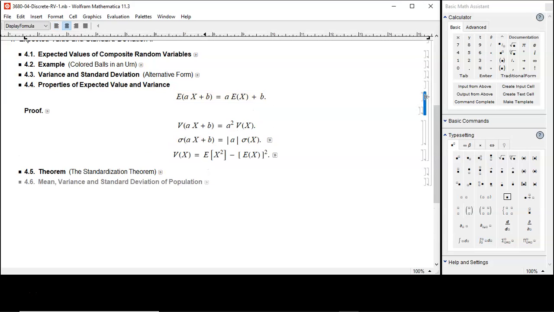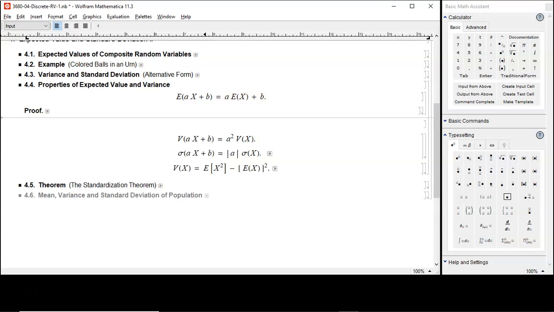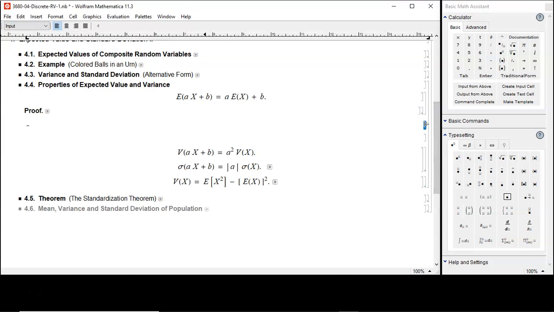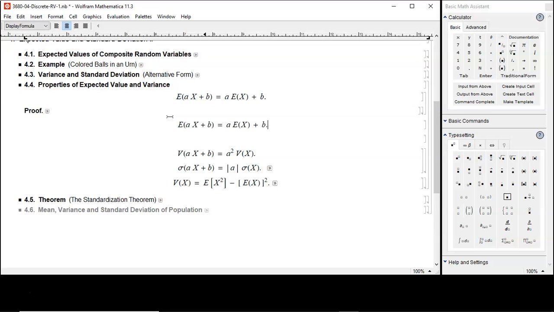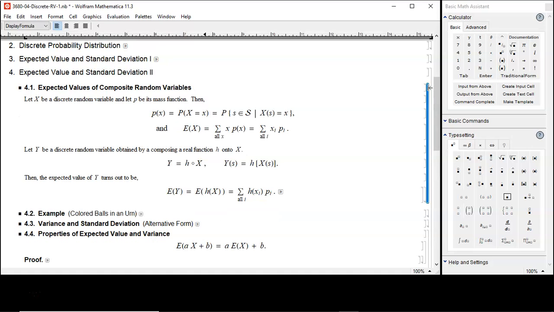Alright, here we go. So we start from the expected value of this new random variable. So this is basically from the definition.